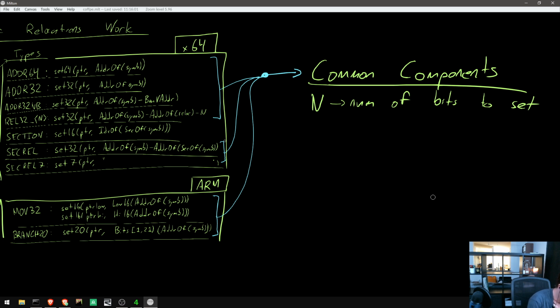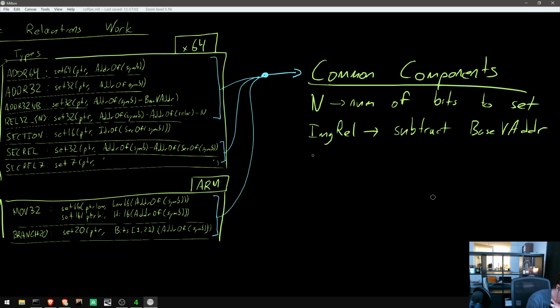All of these include the address of the symbol. Sometimes we have image relative, which means we want to subtract the base address.